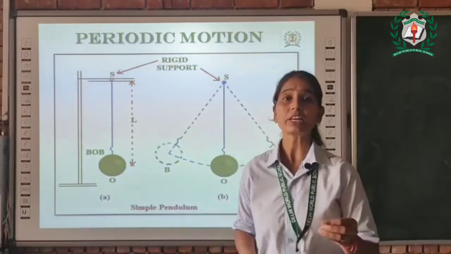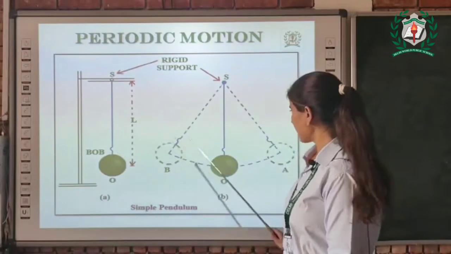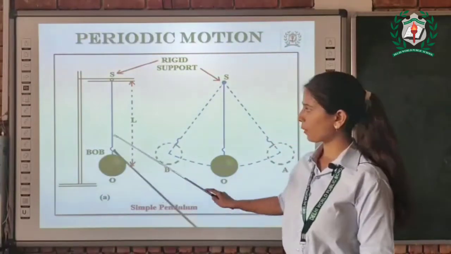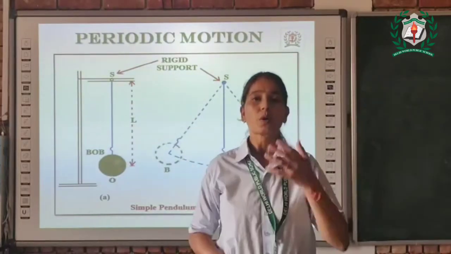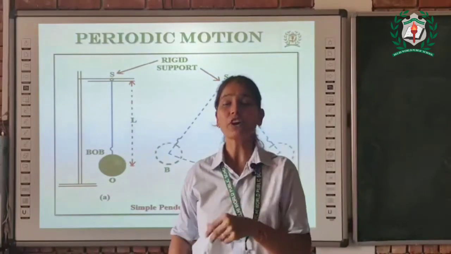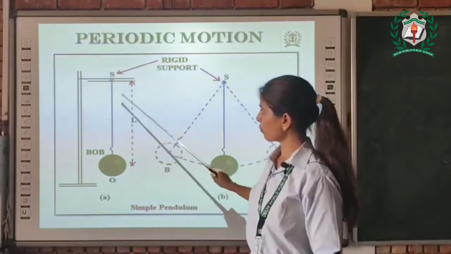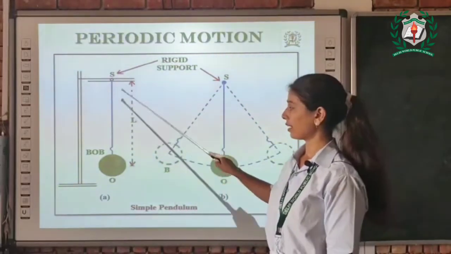A simple pendulum contains a bob, which is a metallic ball or it could be a stone, suspended from a rigid stand with the help of a thread. This is the rigid support and this is the thread.